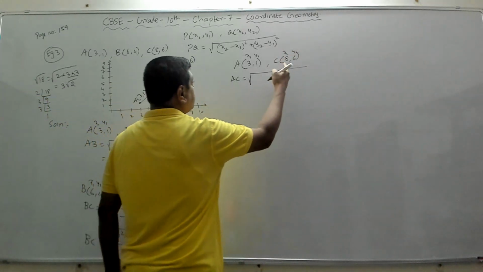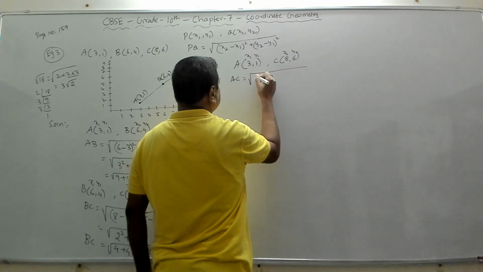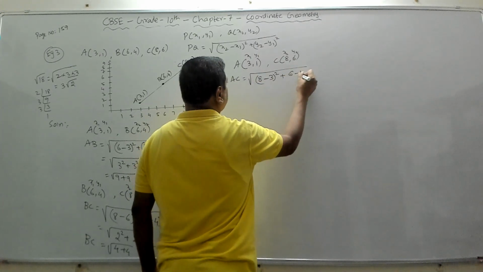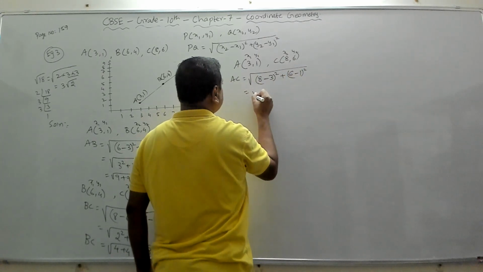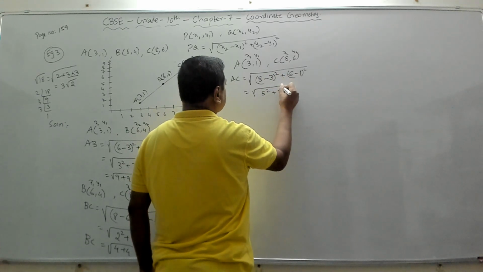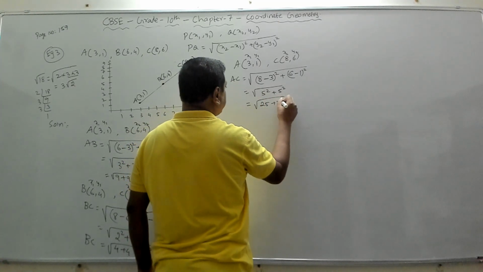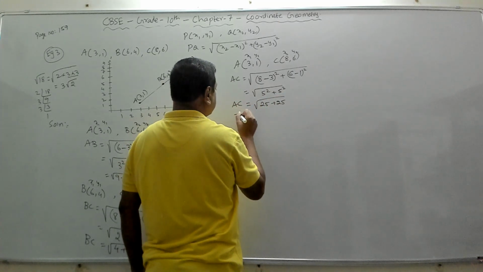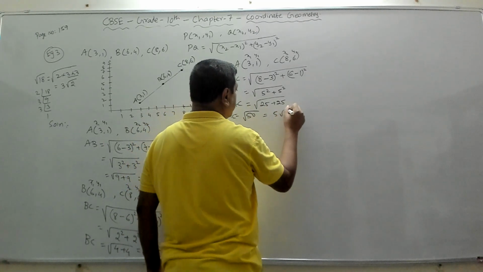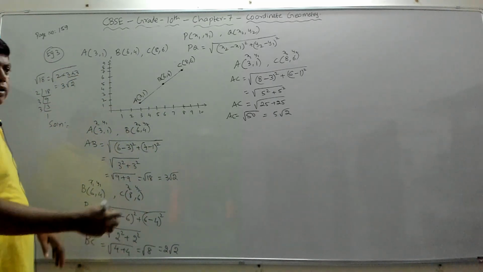So x2 minus x1 the whole square, so 8 minus 3 is 5, square, plus y2 is 6 minus y1 is 1, 6 minus 1 is 5, square. So that gives you 25 plus 25. That is your AC. So your AC is root of 50. Square root of 50 can be written as 5 root 2. Again, if you apply the same prime factorization, you will get 5 root 2.